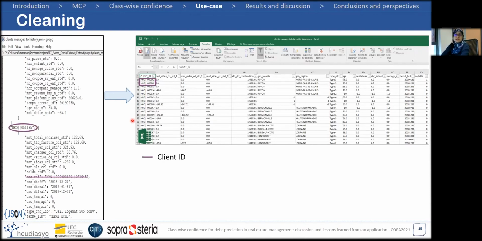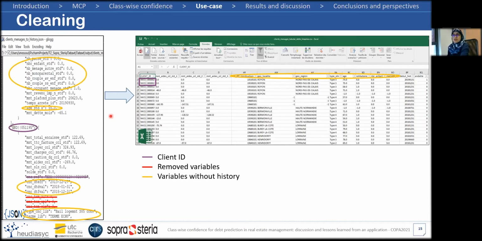First, keep the client ID, or the tenant ID, and we also removed some variables that are not really useful, for example, variables that have the same exact value for all tenants and for all examples with no history. We also have some variables without history, for example, the age, which doesn't change in 3 months, or the information about the housing and where it is, information that doesn't change over time.